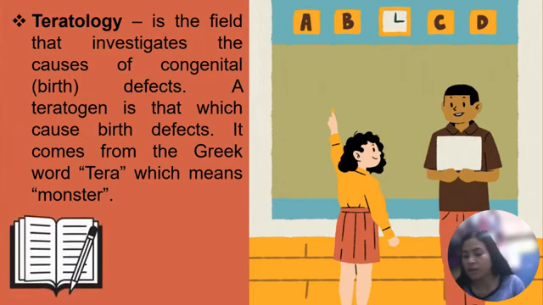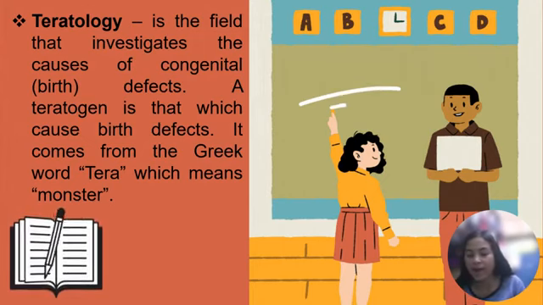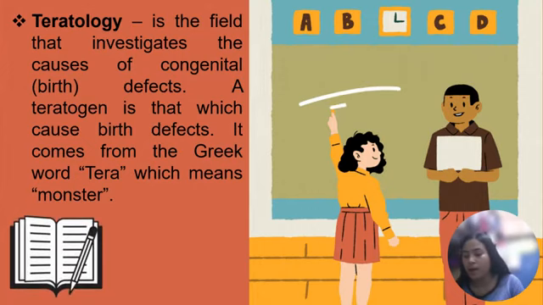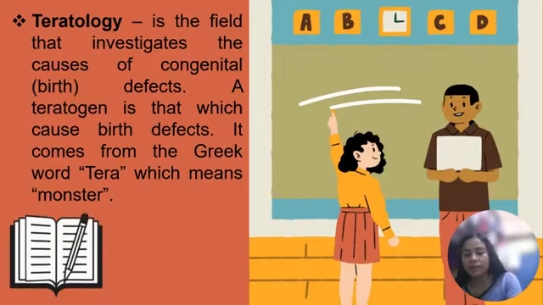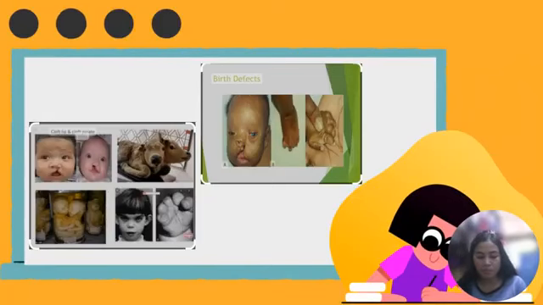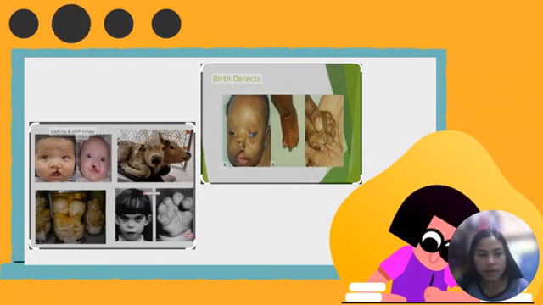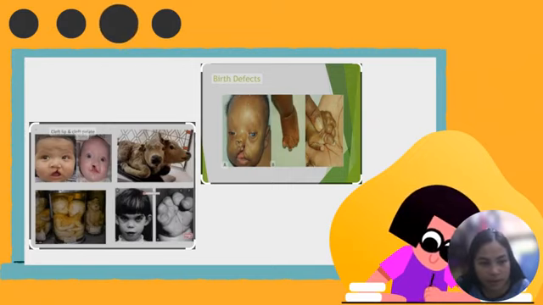So teratology is the scientific study of birth defects or abnormalities in developing organisms, particularly during embryonic and fetal development. So this picture is an example of teratology. This picture is a child who has defects.